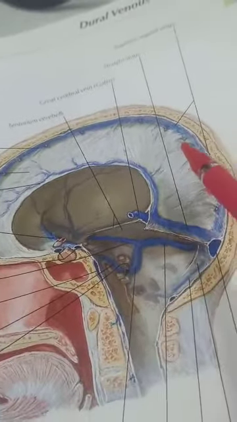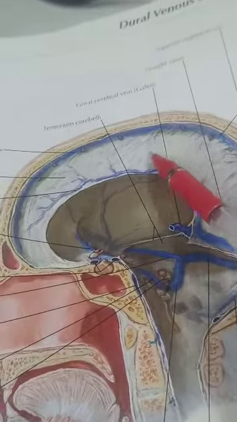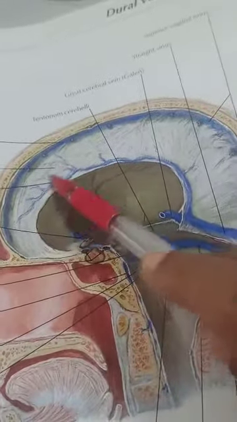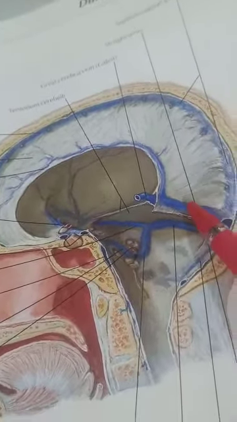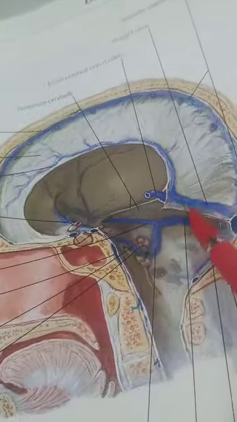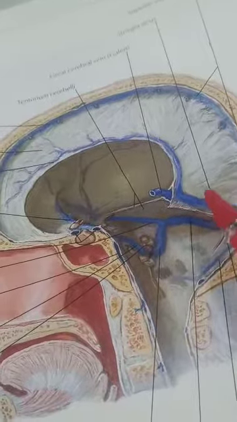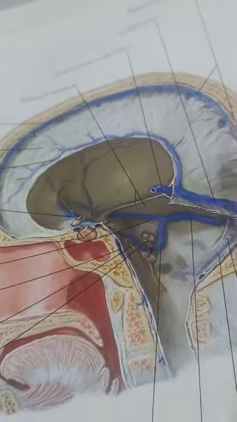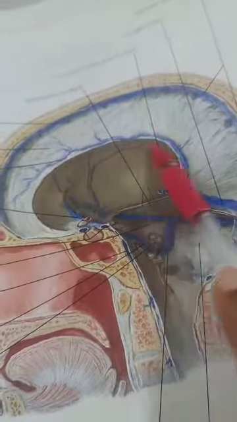The meningeal layer of the dura mater will form some foldings. They are known as dural folds. This is known as falx cerebri. Here we can see a sickle shaped fold. The falx cerebri can be seen between the two cerebral hemispheres. One hemisphere will come here and another here.